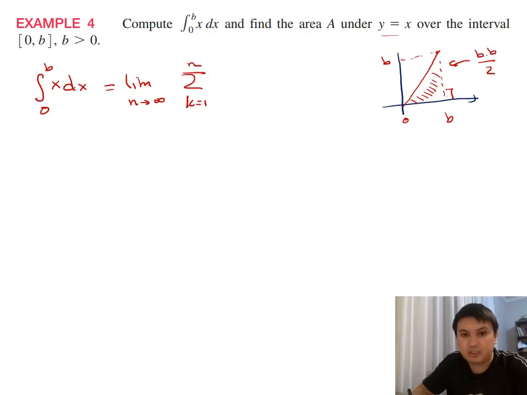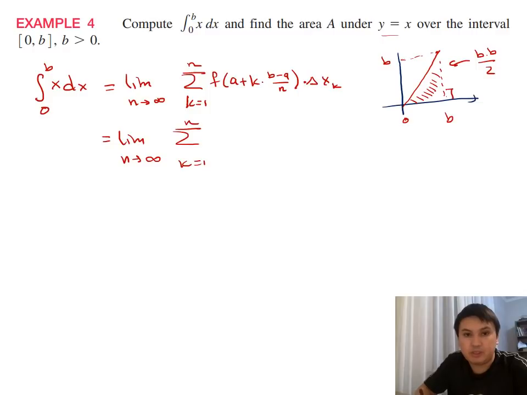Here we use the right endpoint, so f of a plus k times b minus a over n, times delta x. Okay, right? Now, limit as n goes to infinity, k from 1 to n. What is my a? My a is 0, right? And my f is simply x, right?